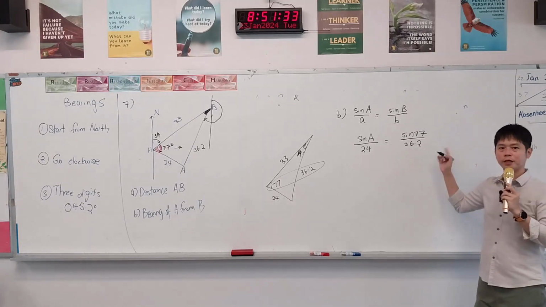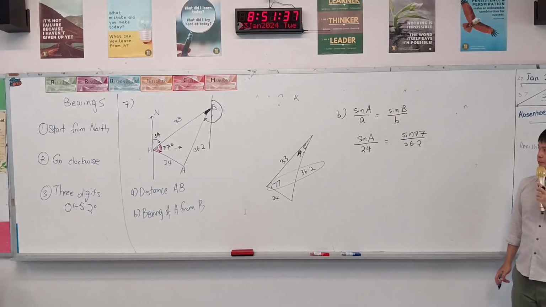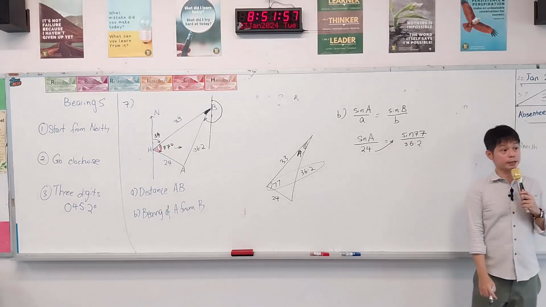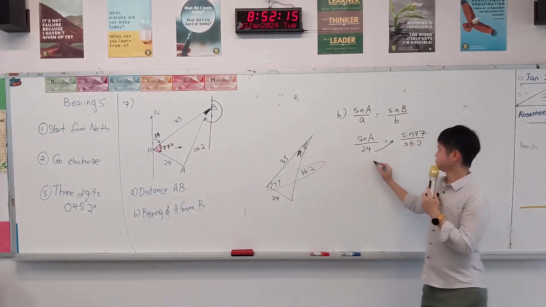Again, I just use a simple number so that it doesn't look so scary for you. Cross multiply, you then inverse the sine. Someone help please. The angle A here, what's the answer?